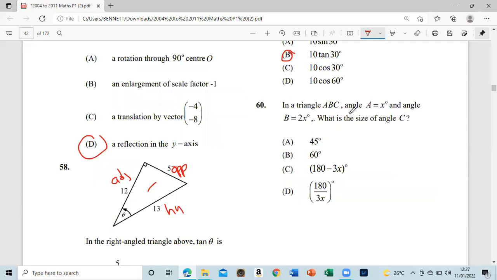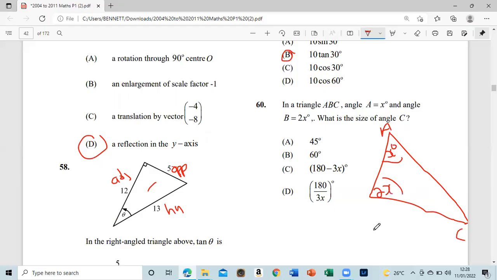In a triangle ABC, angle A is x degrees. I'm just drawing one triangle. Sometimes it's easiest for you to draw it. So that's x, that's the angle A. And then further on it says B is 2x. What is the size of angle C?